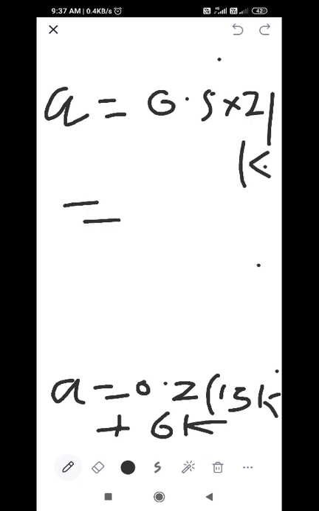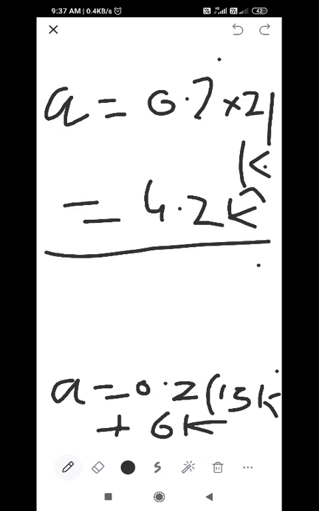So multiply, we will get 4.2 K. So in vector form we have 4.2 K. So magnitude of the acceleration will be 4.2 meter per second square, and direction will be direction of the positive z axis. Positive z axis.